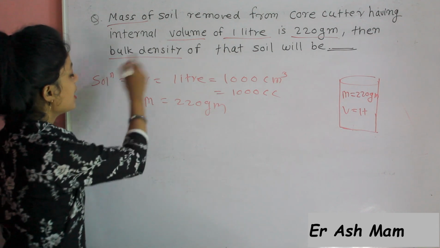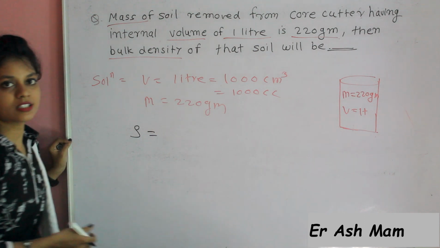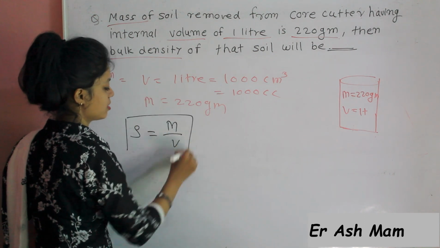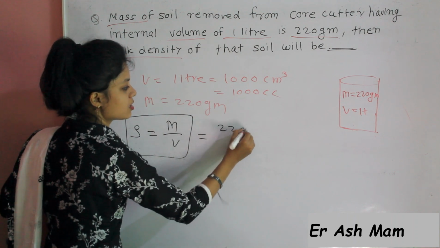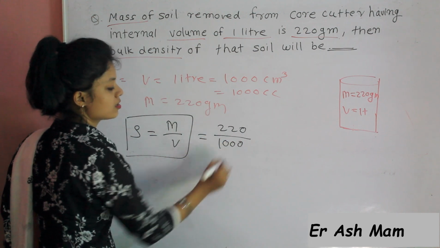Next, bulk density. Bulk density is denoted by symbol rho. We know that bulk density formula is mass upon volume. Basic formula, density equal to mass upon volume. Mass is 220 gram and volume is 1000 cc.